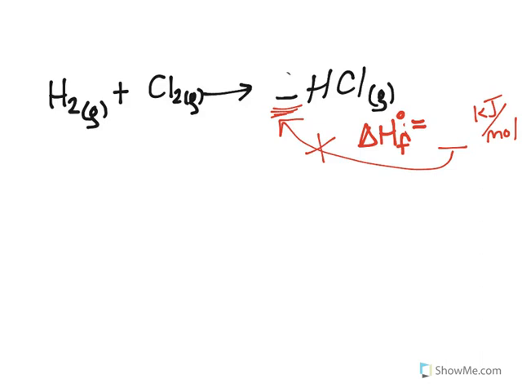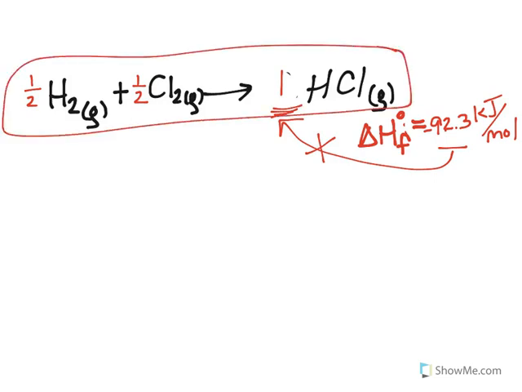The coefficients are actually going to be 1/2, 1/2, and 1. Yes, fractions for coefficients are now allowed. So the standard heat of formation for HCl gas is negative 92.3 kilojoules per mole, and this is the reaction that it's representing.